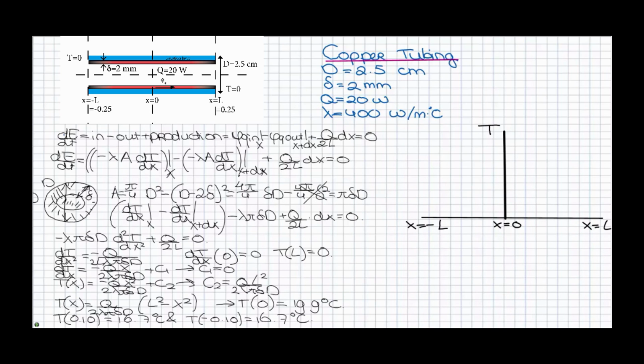You look at the equation and you see that it's a quadratic equation, so it's non-linear, and we know that at x is 0 the temperature is 90.9, and that for x is 0.10 and minus 0.10, the temperatures are 60.7 and 60.7, so you need to get a parabolic graph. And this is about how it looks like.